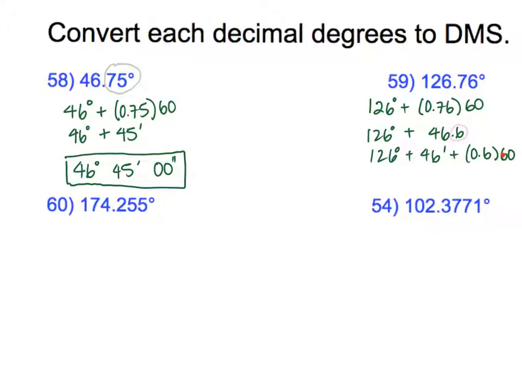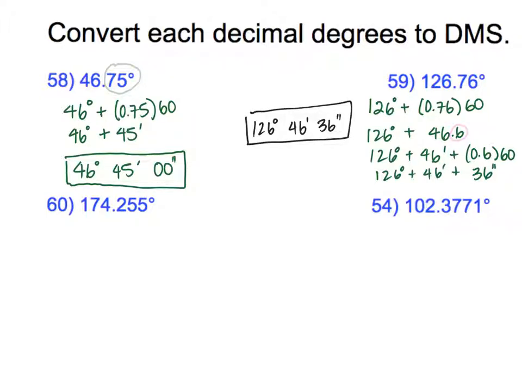If I multiply these two, after dragging down the other numbers first, this is going to be 36 seconds. I think it's a perfect 36. So our DMS is going to be 126 degrees, 46 minutes and 36 seconds. That's our answer right there.